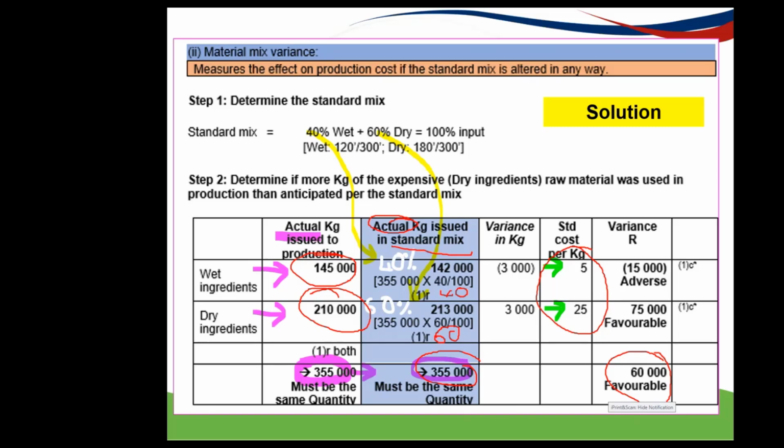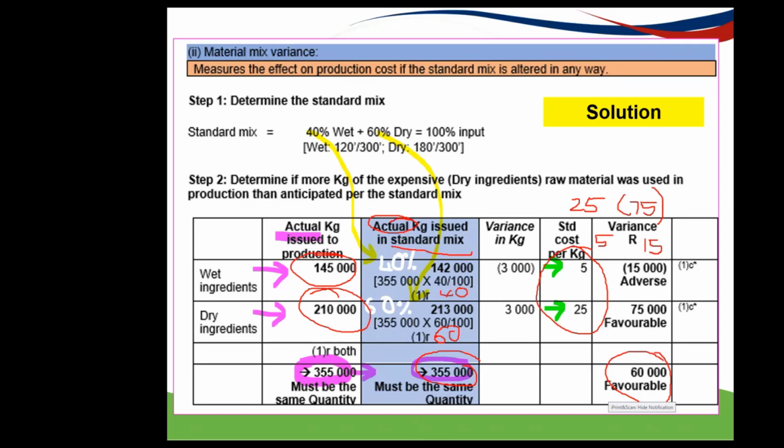The favorable or adverse is determined through the variance in terms of the quantity, okay? But for example, if wet was the expensive one of 25,000, let's say wet was then 25, then that adverse would have been negative 75. And then dry would have been 5, and that favorable would have been only 15. Then my total variance would be 60,000 adverse.